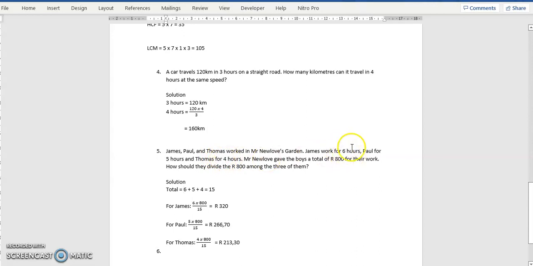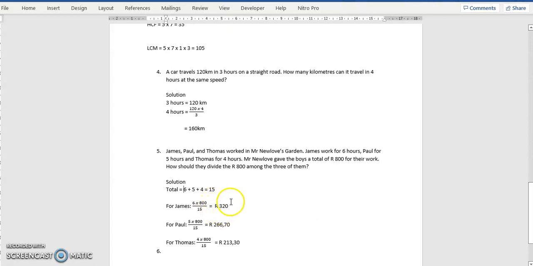So James, we have to look for 6. So it's going to be 6 times the total. What is our total? 800. Divided by the total ratio. Alright. So 6 times the total money that was given to them, which is 800, over the total ratio.